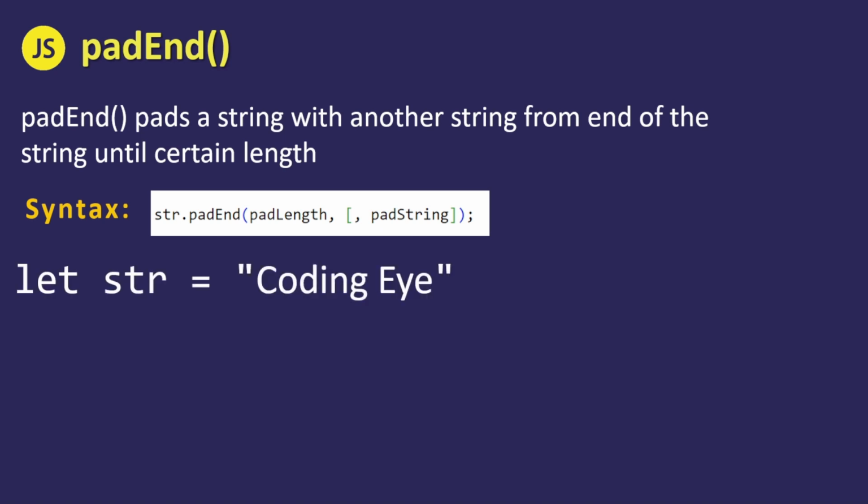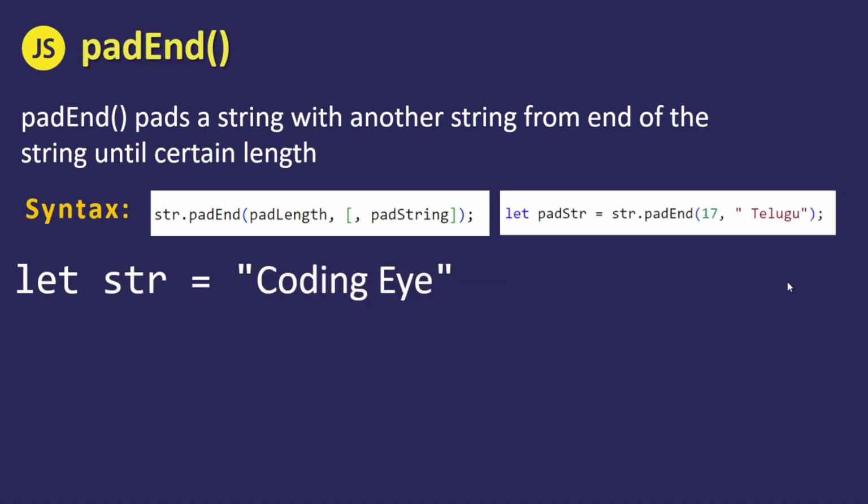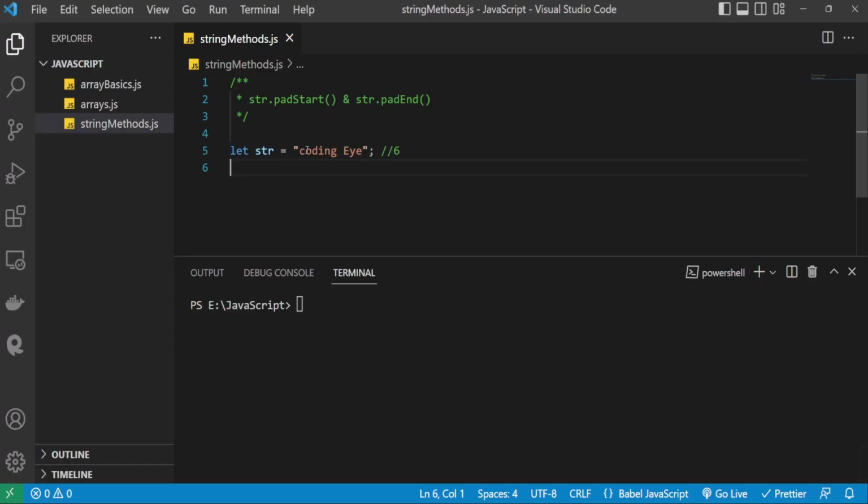And suppose we have this as a string in which we are calling Telugu as a pad string. str.padEnd, I have specified 17 length here to pad until 17 characters. Now we have Telugu. If we apply like this, the result string from the padEnd method is this, coding I Telugu.